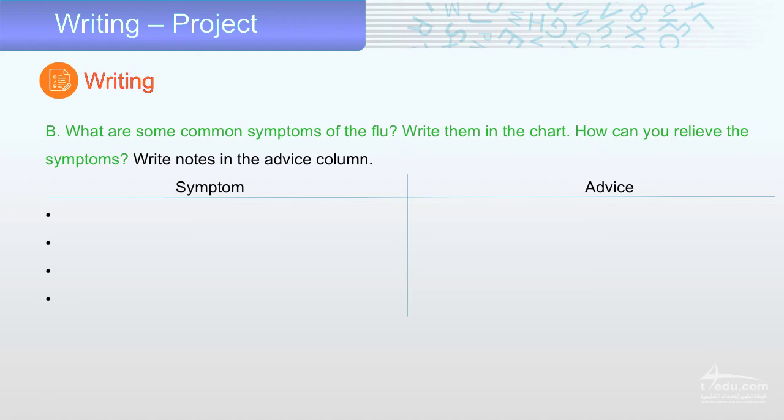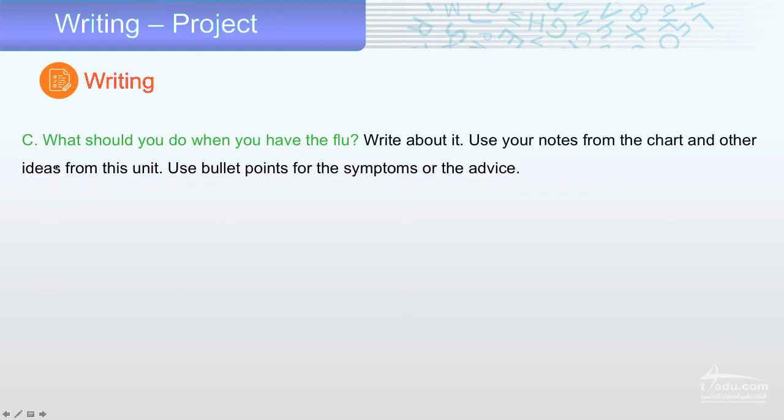Okay, so I want you to write the symptom and the advice for each one. It's time to write. What should you do when you have the flu? Write about it. Use your notes from the charts and other ideas from this unit. Use bullet points. Don't forget a clear list for the symptoms or the advice.